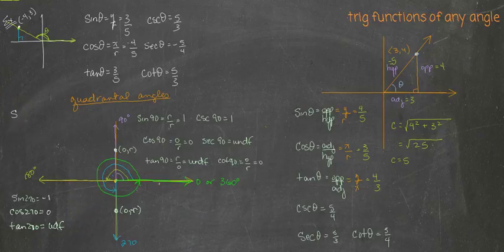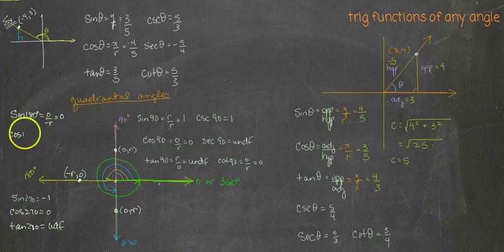Let's do the sine of 180. So a point on the negative x-axis would have the coordinate, whatever r is, only it'd be negative. The distance on the x-axis would be negative r, and y would be 0. So 0 over r equals 0.